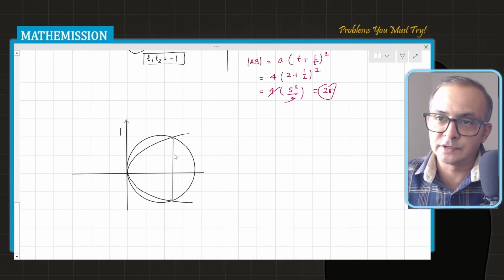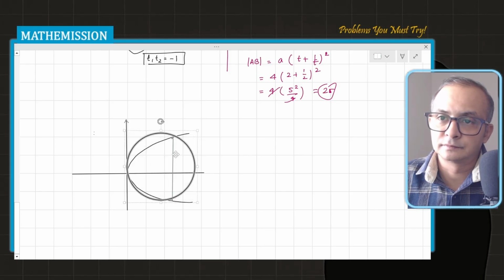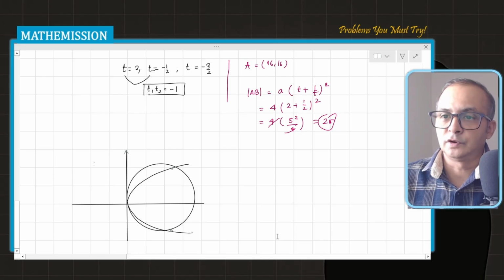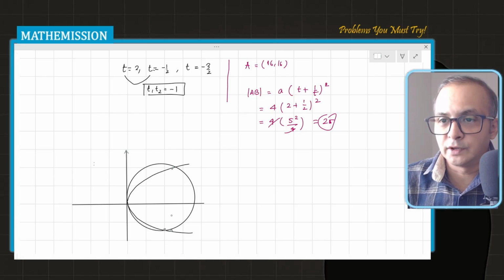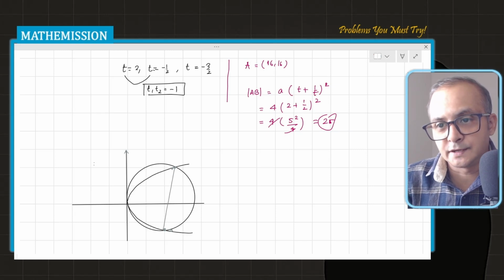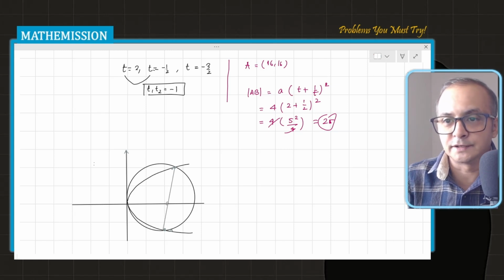Let me just tilt it. This is the parabola here. We are taking this as a focal chord.